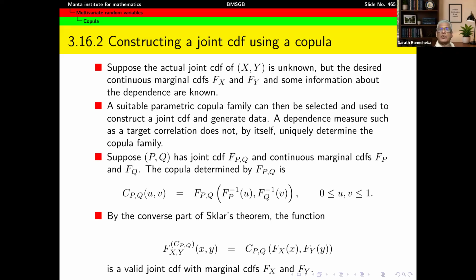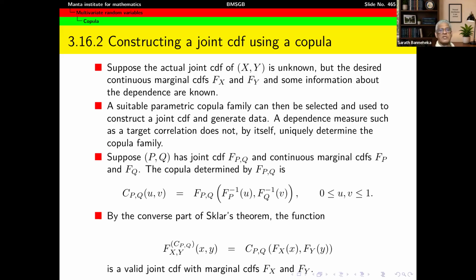Because when we don't know the joint CDF, we need some CDF capturing the dependence, and from that CDF we should be able to get the individual actual marginals as well. So a suitable parametric copula family can be selected and then used to construct the joint CDF and generate data.